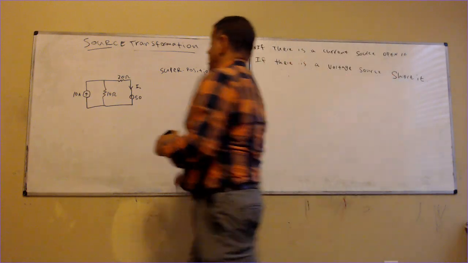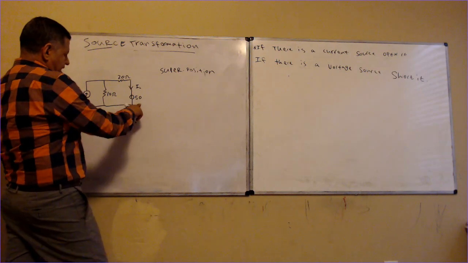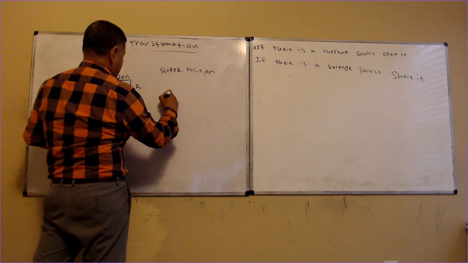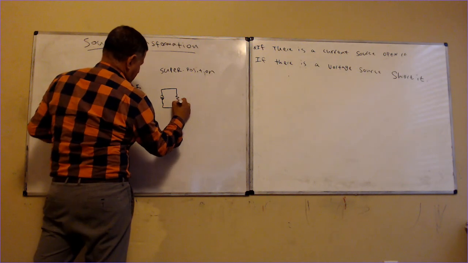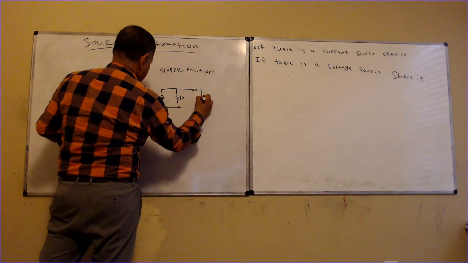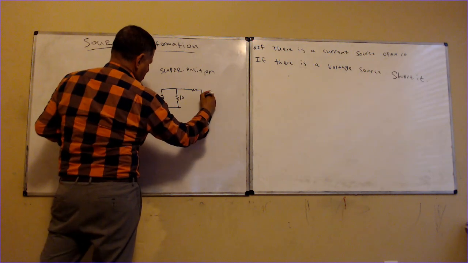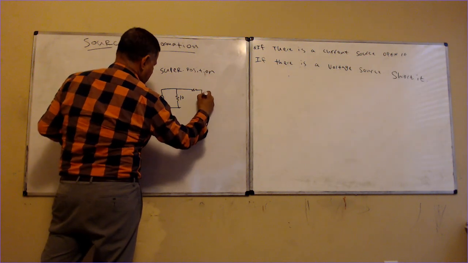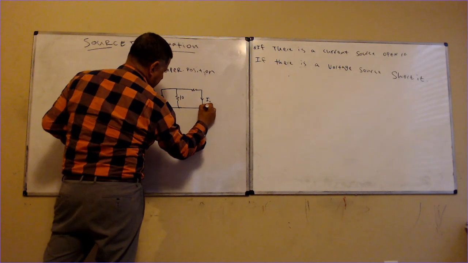Now in this case, what do I do? I shorted this, and I get this 10 ohms, and then this is Ix, a current source, just Ix going down.